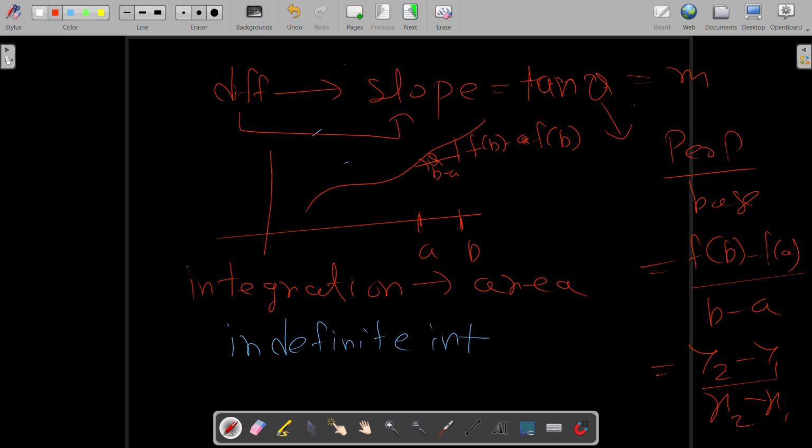Now let's jump into the integration part. The integration part finds out what? The area under a curve. In integration, our target is to find this area under the curve in this interval a to b.